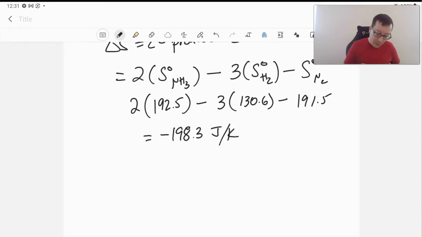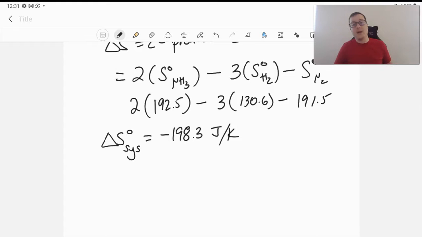And so again, this is always related to the system. If we want to establish whether this is a spontaneous process or not, we need to look at the delta S of the universe and apply that second law of thermodynamics, right? Delta S for the surroundings is something a little bit harder to do.